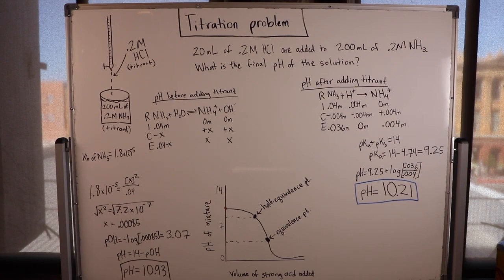This is a special case where when you use rice tables, you can use moles because everything in this beaker is going to be in the same solution volume. So you can actually assume that the volumes are going to cancel out. Molarity is moles per liter, and those liters are all going to be the same, so they'll cancel out.